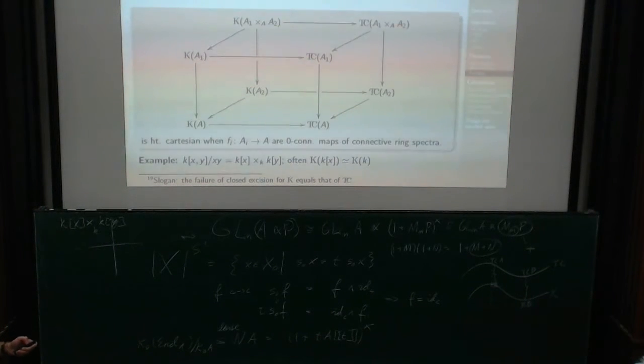And of course, one of the people in the audience is awesome about doing those kinds of calculations. So for the case where k is some sort of nice field not too different from F_p, then Lars Hesselholt calculated the K-theory of k[x,y] mod xy, the cross.